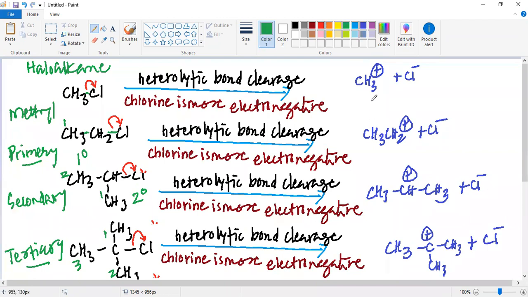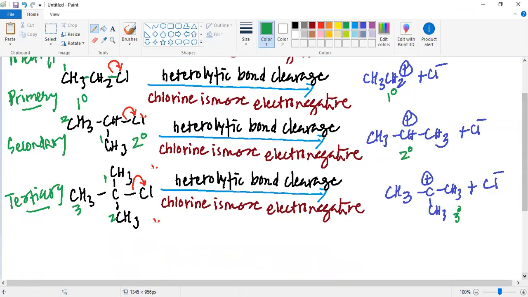So please remember, my dear students, that this is known as the methyl carbocation. This is known as primary carbocation, this is known as secondary carbocation, and this is known as tertiary carbocation.